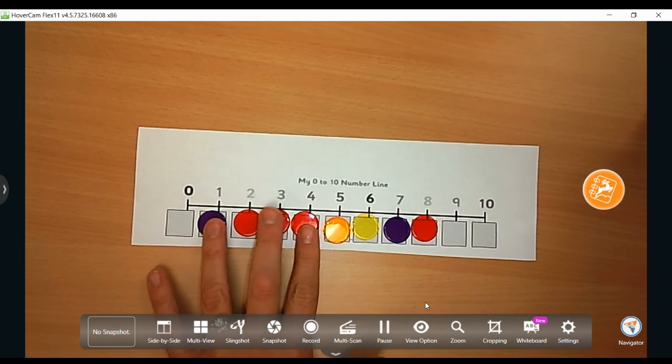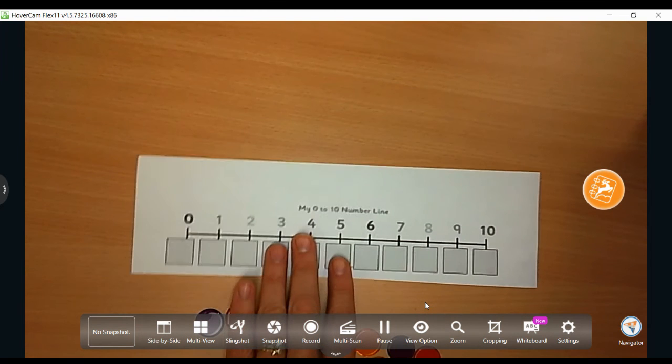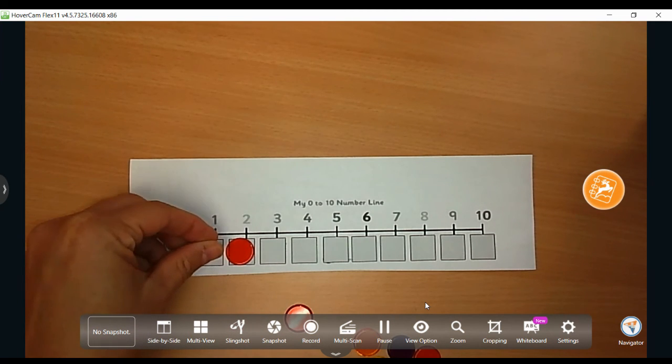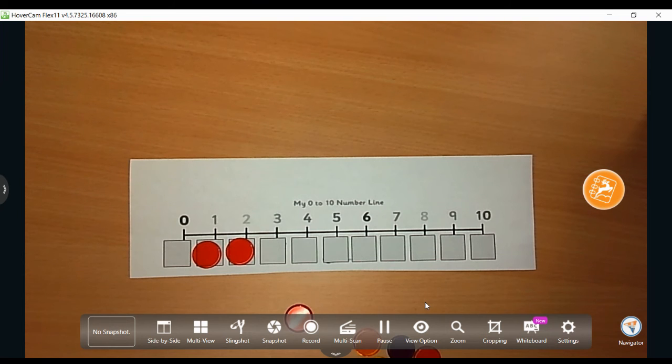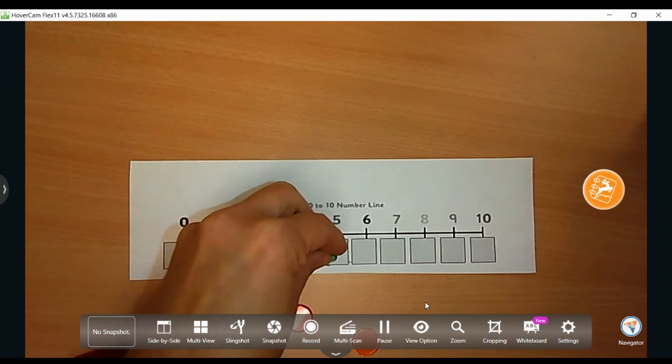This number line can also work if you are adding. So if we have our number line and I say there are 2 red dots on the paper, 3 green dots join them.